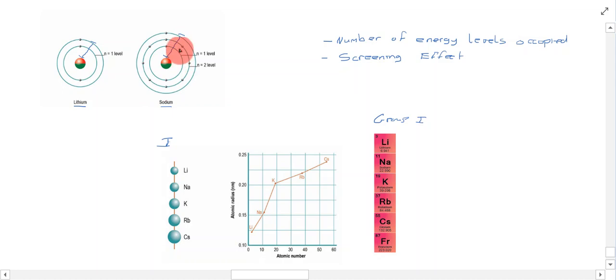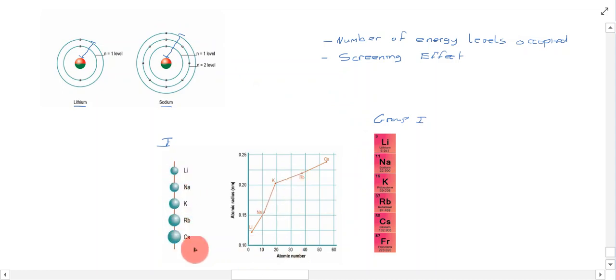As a result, because it has more electrons, the radius of sodium is going to be bigger. As you move down this group, you get more and more energy levels occupied between the nucleus and the outermost electron.